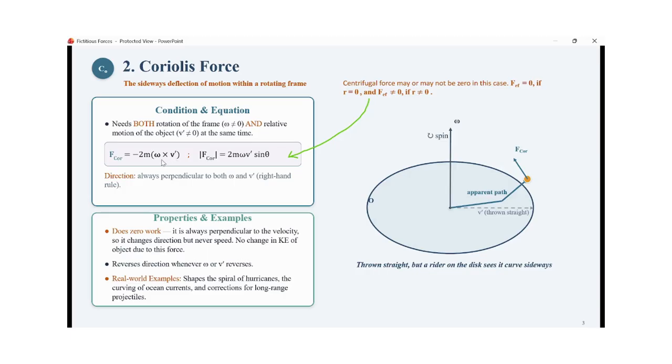Omega and v dash are two vectors, so the direction of Coriolis force will be perpendicular to the plane formed by omega and v dash, that is it is perpendicular to the directions of both omega and v dash.